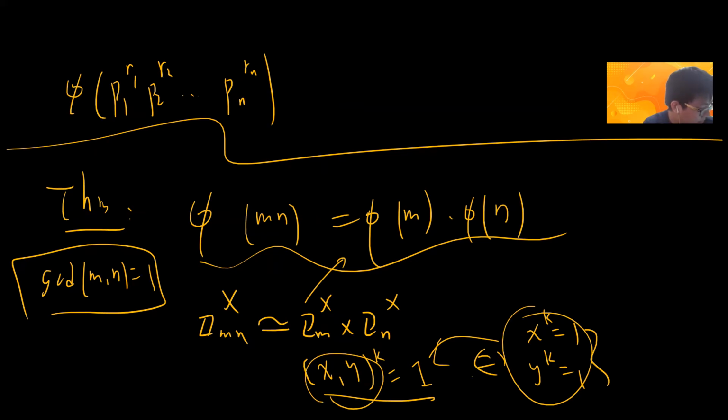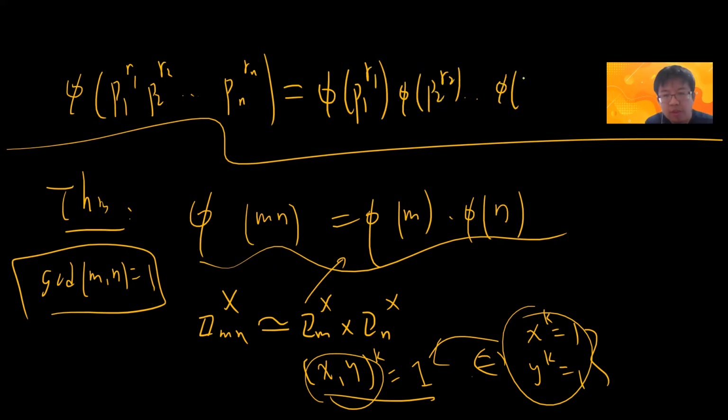So from here we get this is just p1^r1, p2^r2, up to pn^rn, and you can use the previous formula.